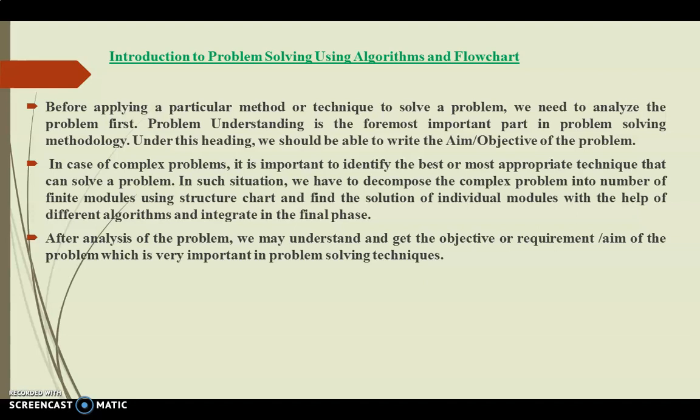We should be able to write the objective of the problem, then the inputs needed for the problem, which we represent with the help of variables. Then we write the outputs needed from the problem, which we also represent with variables. Then we have to convert that input into output. That we call the process logic, right?